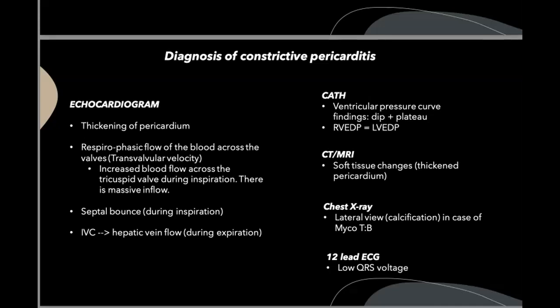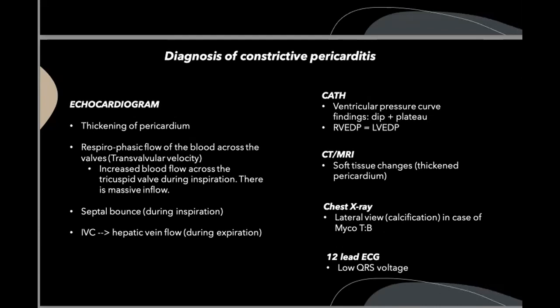The findings will be a deep dip and then a plateau, the dip and plateau, and this will show that the right ventricular end-diastolic pressure equals the left ventricular end-diastolic pressure. In restrictive cardiomyopathy, I think we will have a greater left end-diastolic pressure, while in constrictive pericarditis it will be equal.